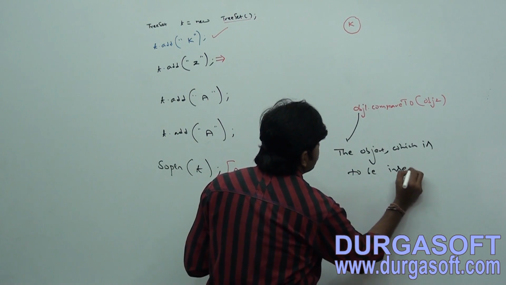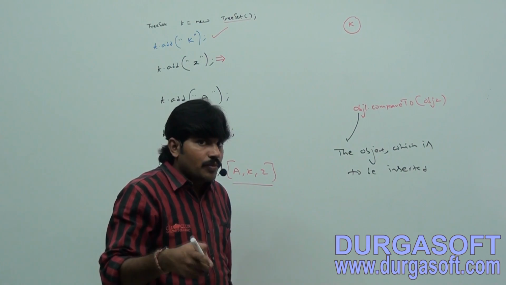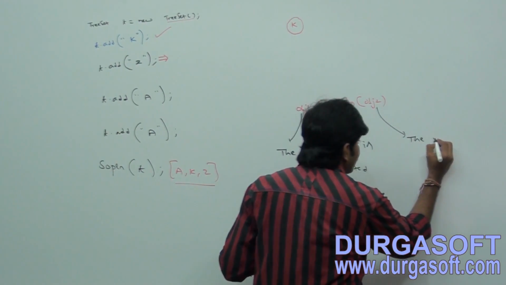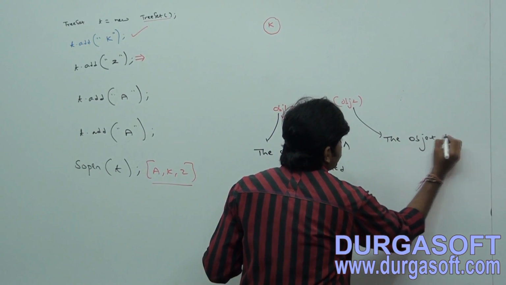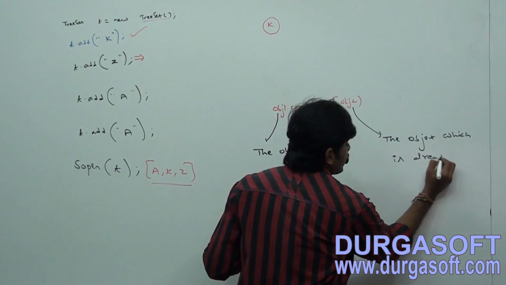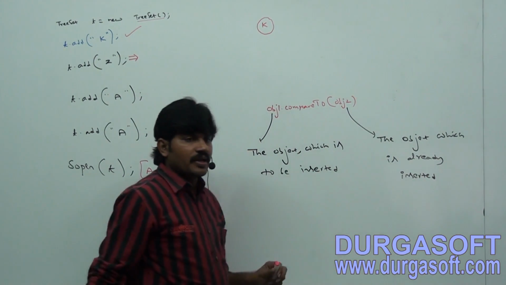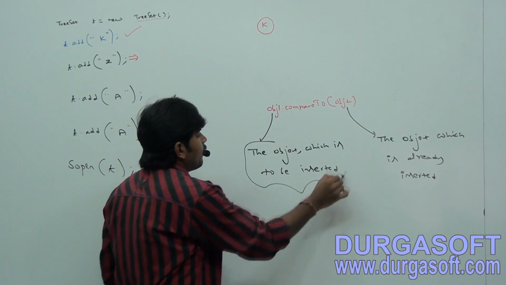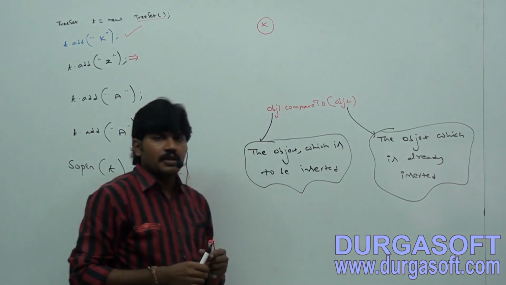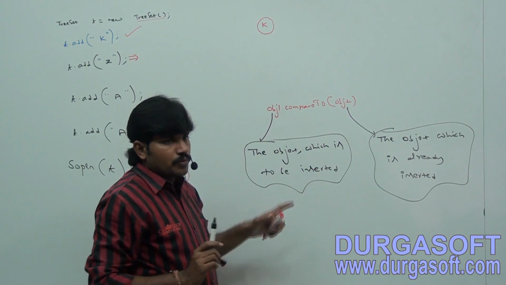Sir, which is obj2? The object which is already inserted. Make sure you are clearly aware of this terminology, right? The object which is already inserted is obj2, and the one we are trying to insert is obj1.